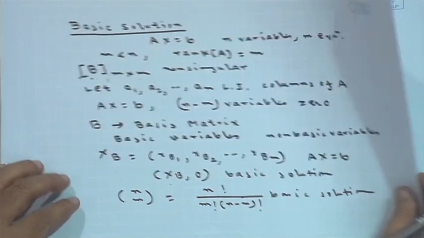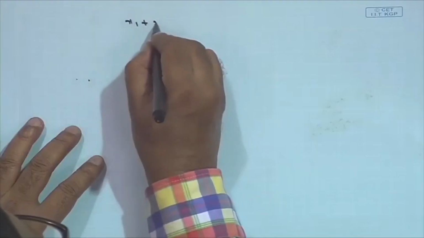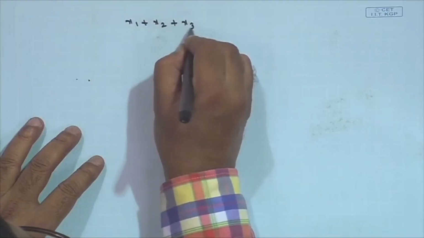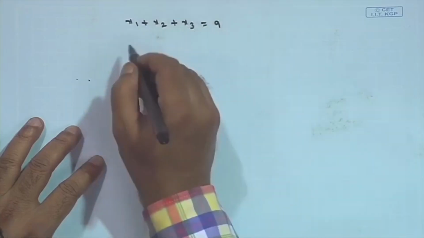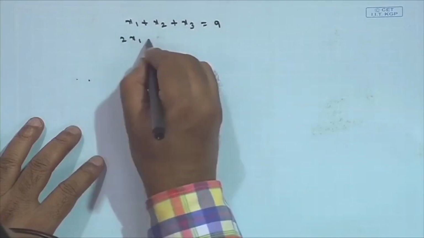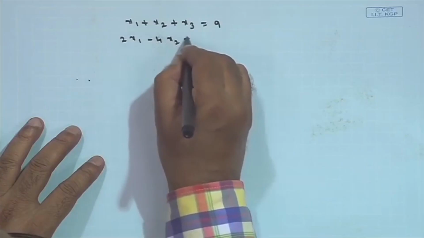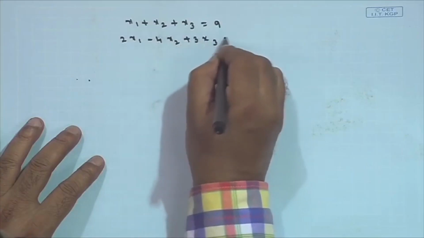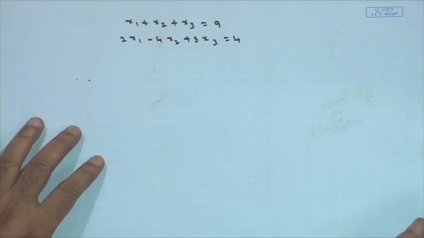Let us take an example. Let us take the equations like this: x1 plus x2 plus x3 equals 9, and 2x1 minus 4x2 plus 3x3 equals 4.